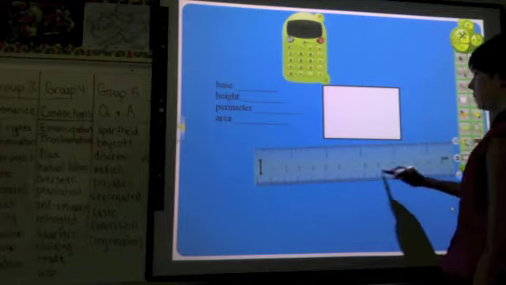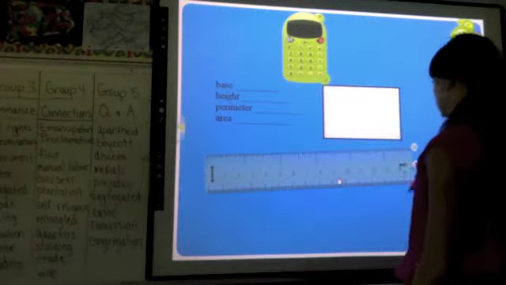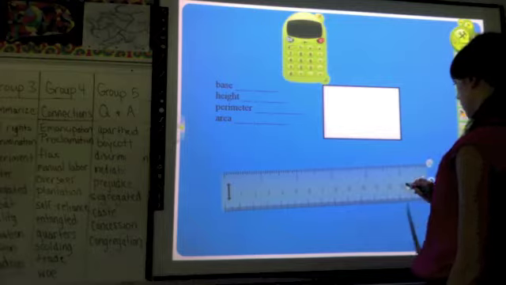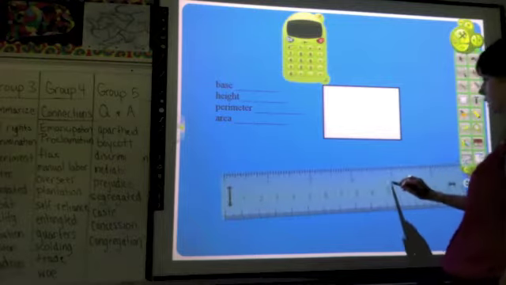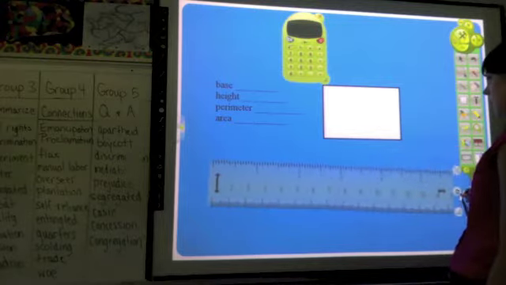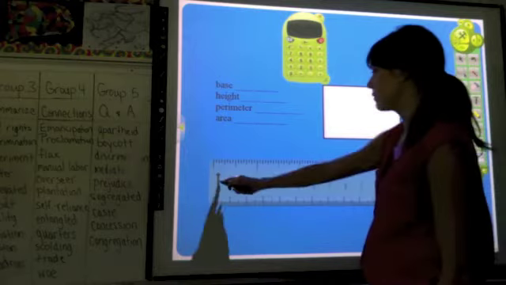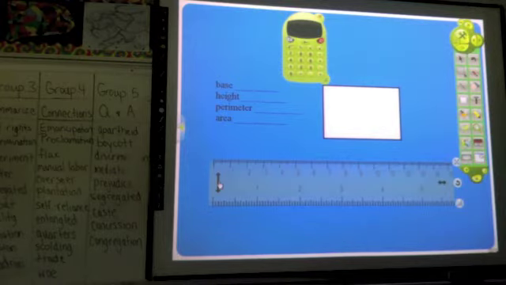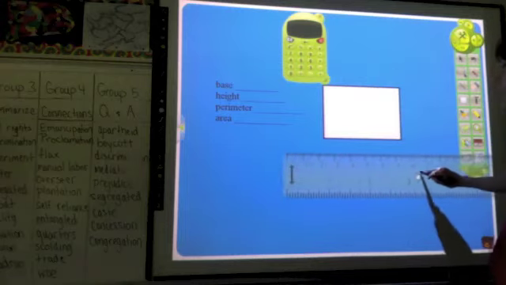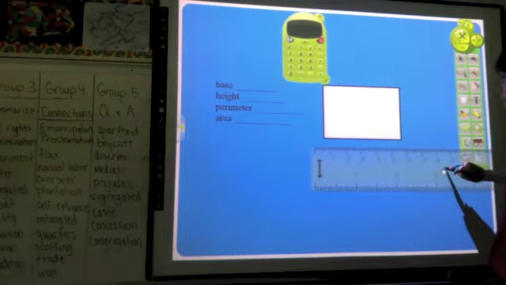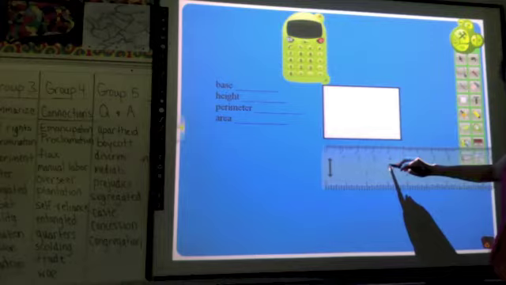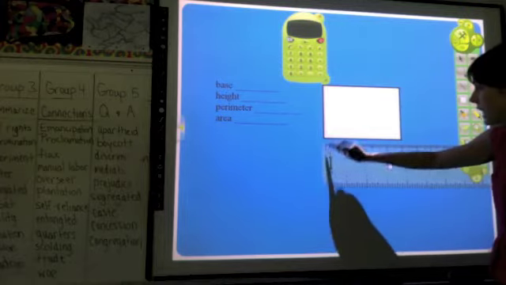I've got my ruler here, and make it a little bigger. And I'm going to measure it in centimeters because that's what it'll ask you to measure in on your test. All right, so the first thing I'm going to do is find the base.